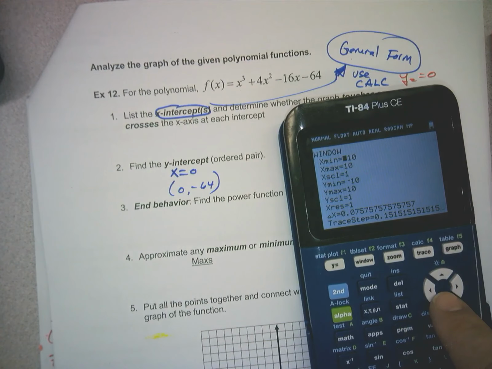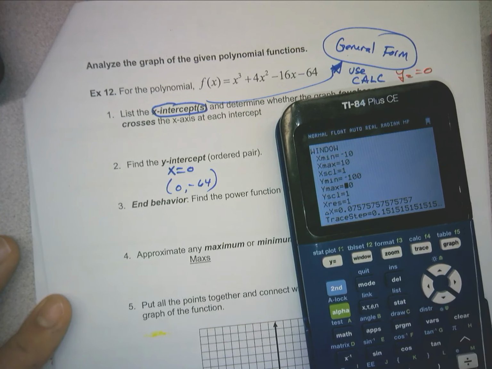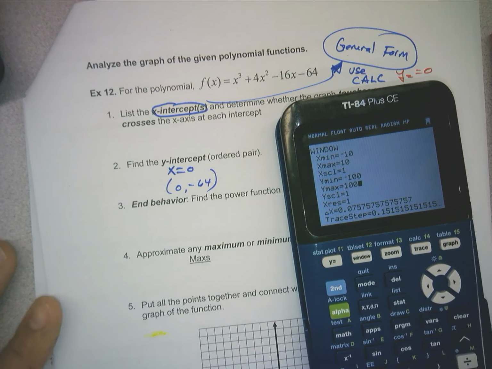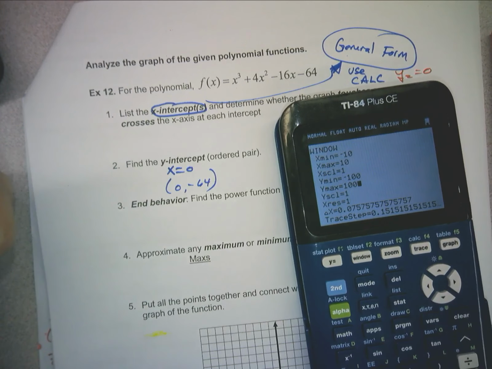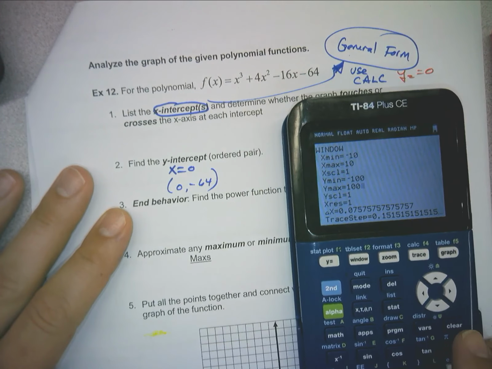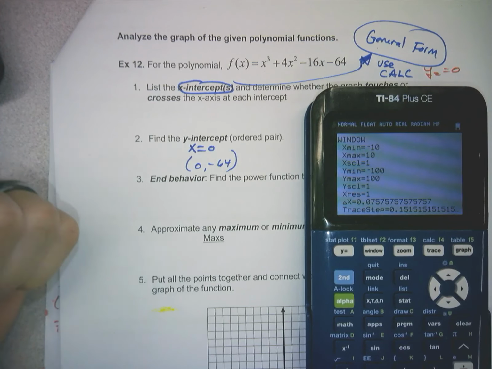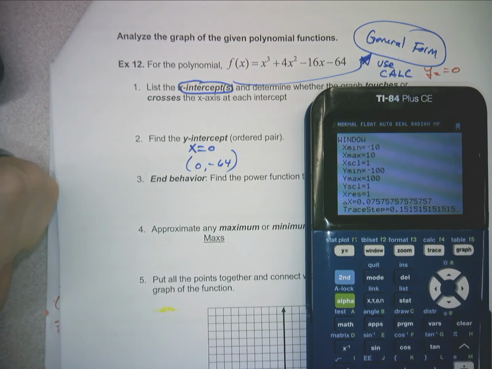So I'm going to go all the way to -100 for my y-min and +100 for my y-max. Usually that's as far as you have to go. Usually the cap is right around -100, 100. So my choices are usually either -20, 20, -50, 50, or -100, 100.